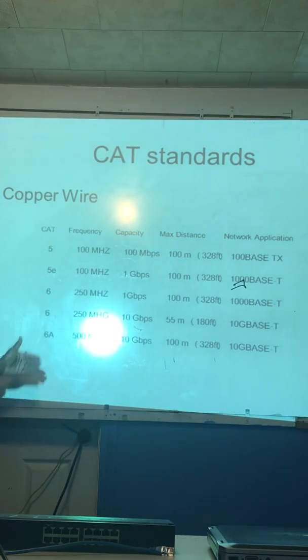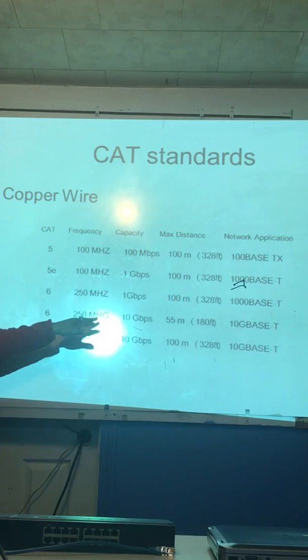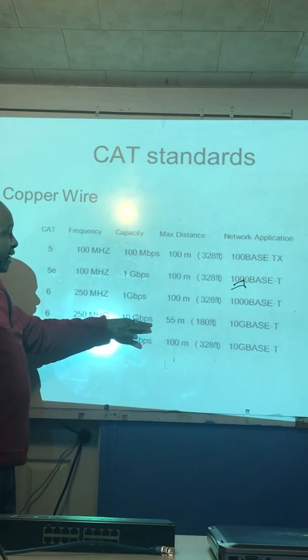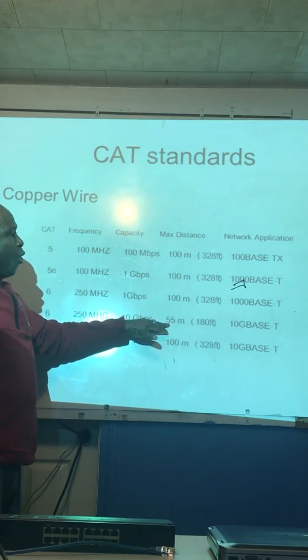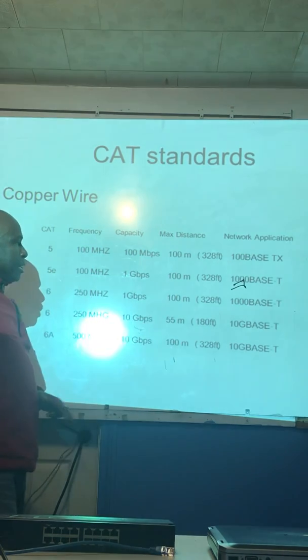We have two types of Cat6. There is one that supports up to 10 gigabits. However, the one that supports 10 gigabits per second can go only not longer than 55 meters.